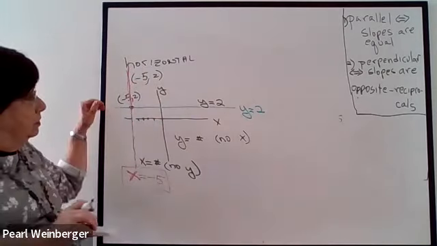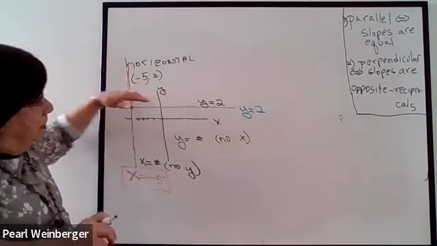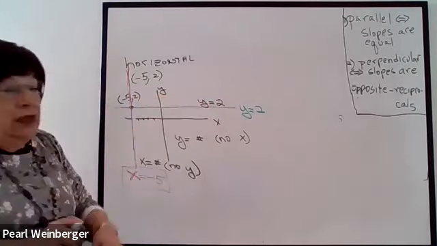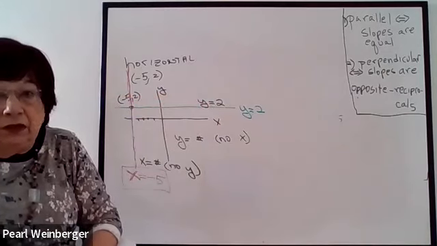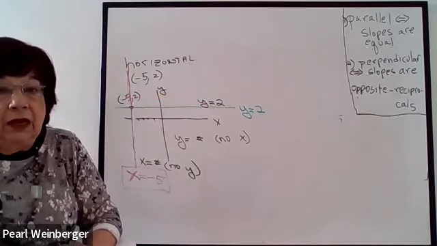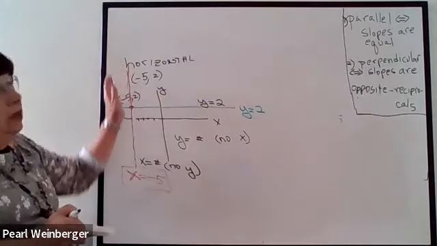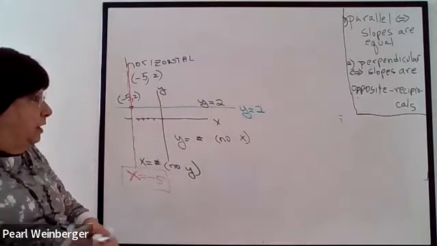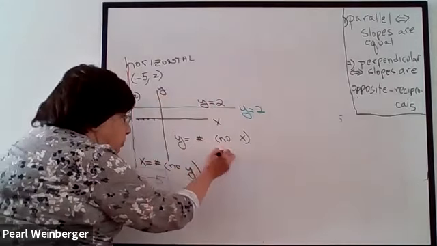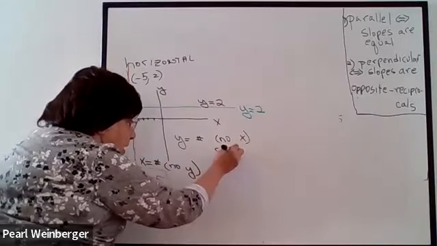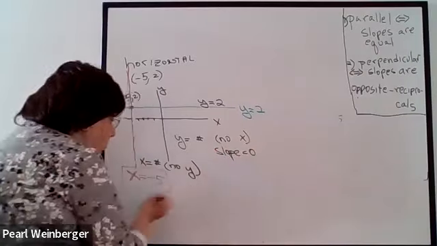Just as an aside, this line that is horizontal has a slope of 0. It does not go up or down. Vertical lines have no slope. They have undefined slope. Let me just write this here: horizontal, slope equals 0.